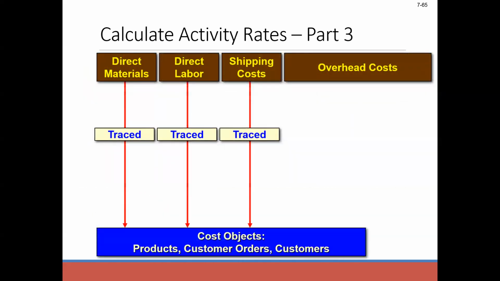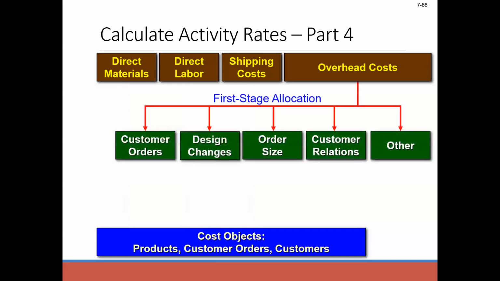So here, we have our direct materials, we have our direct labor, and we have our shipping costs, which can be traced to the objects. Now, the overhead costs are put into that first stage allocation that we looked at earlier.